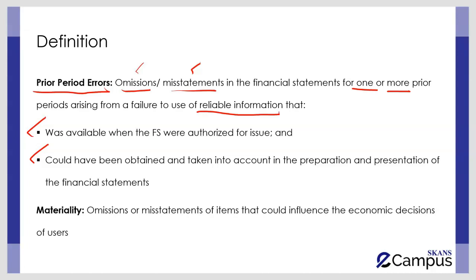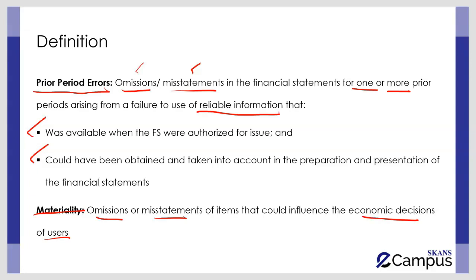Another very key definition over here is of the word materiality. When we say materiality, it is the omissions and misstatements of items. Once again, omission can be by chance, by mistake. Misstatement is something deliberate. So omissions or misstatements of items that could influence the economic decisions of users. We have studied the concept of materiality in the conceptual framework also.